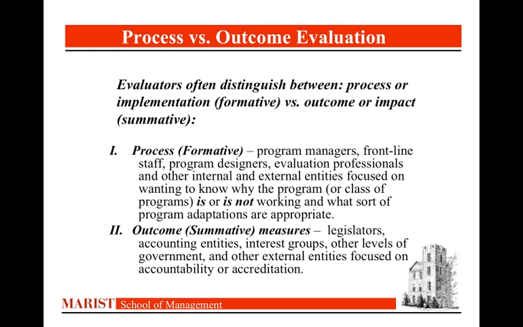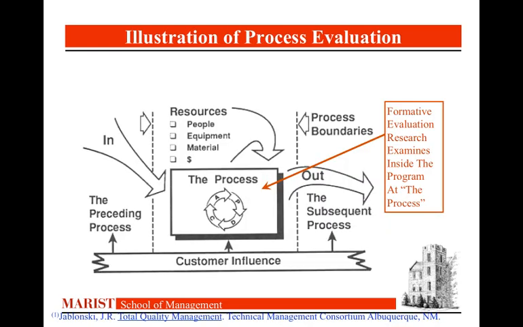Outcome is mainly what policymakers and legislators, and people who are going to be considering whether or not to keep a program, care about. They're going to be thinking about accountability. This is also a big deal in accreditation. They want to know whether or not you're achieving your outcomes.